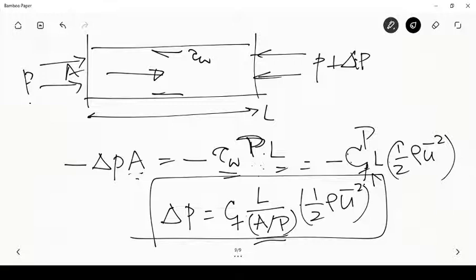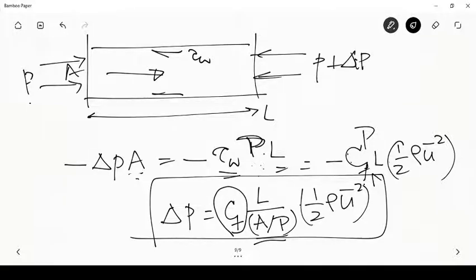As the flow rate increases, the pressure drop goes as u bar square. So that is the way the pressure drop would vary. The pressure drop will increase with the square of the mean velocity that is there in the pipe flow.